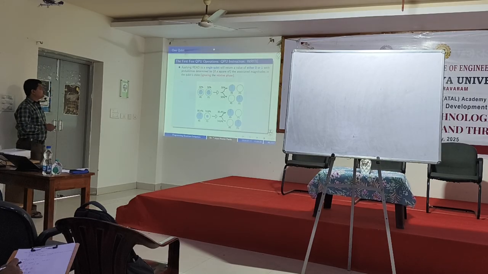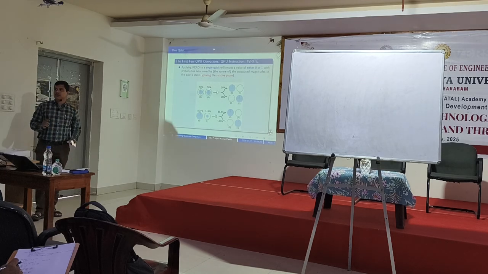Applying read to any single qubit will return the value 0 or 1, with the probability determined by the square of the associated magnitude in the qubit, ignoring the relative phase. We are not changing the relative phase. Whatever relative phase is there, we reset to the initial phase only. We are not going to consider any relative phase when we go for the read operation.